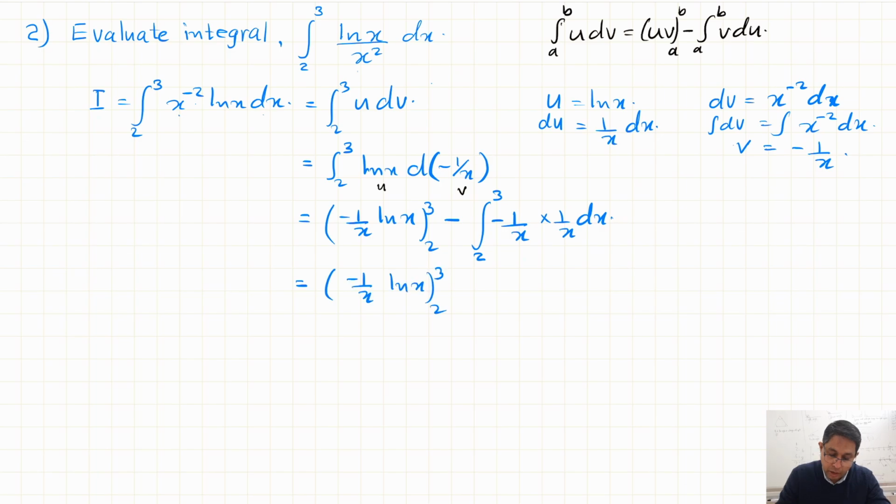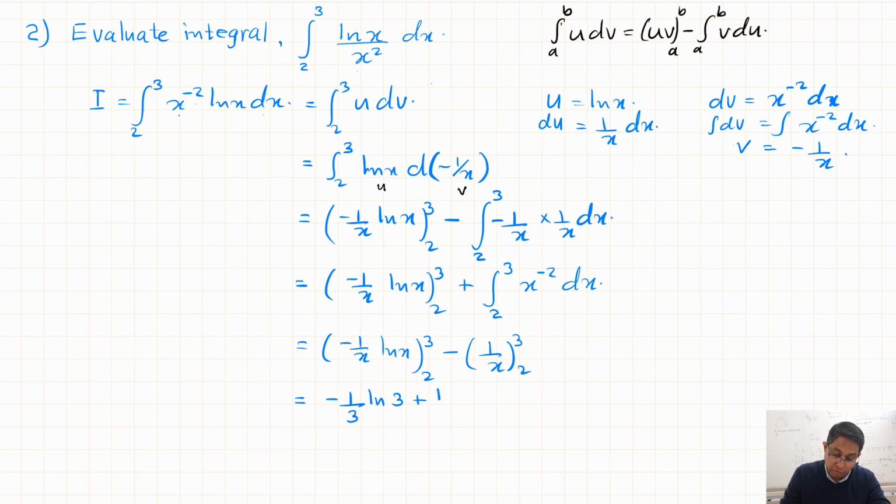This equals, here you have -1/x^2. You can write it as -x^(-2). If you multiply it by -1, you're going to get plus the integral from 2 to 3 of x^(-2) dx. Integrate this function, it's -1/x. Substitute this limit 2 to 3. Now you can substitute this limit into this function.